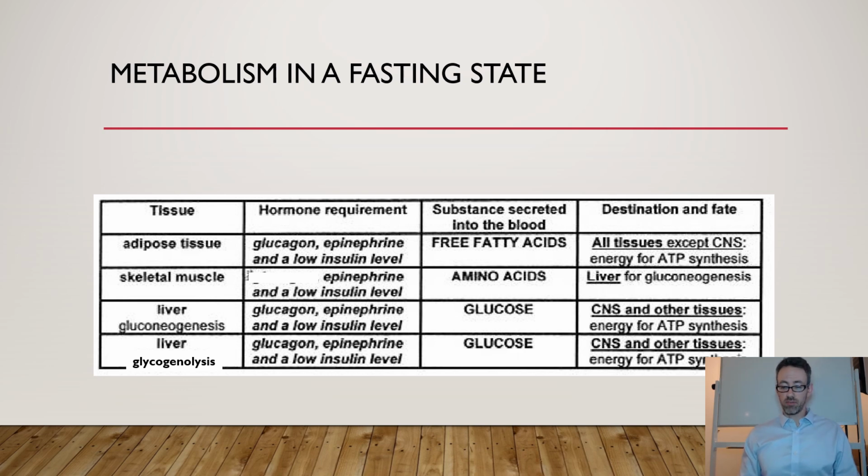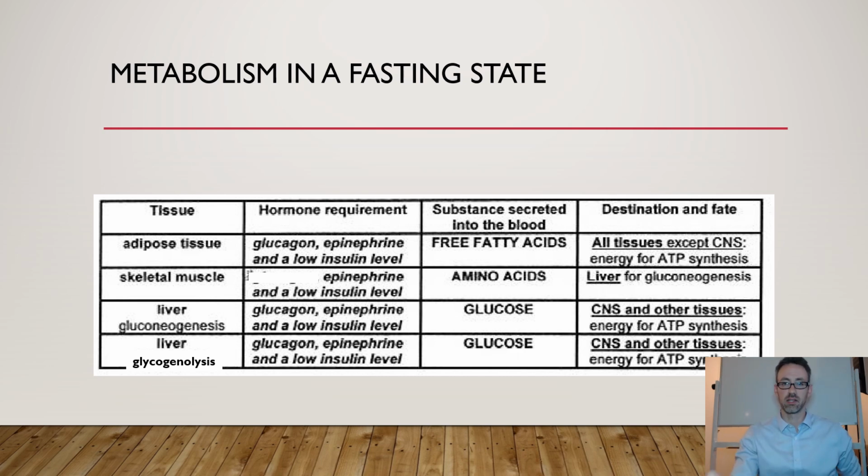An important feature of our body is that we have to maintain tight control of the glucose levels in our blood, because our brain and our red blood cells, or I should say our neural tissue and our red blood cells, require a certain amount of glucose because they can't really utilize other substrates.